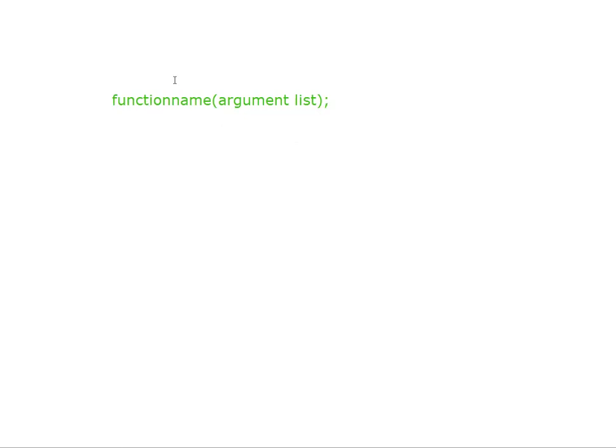For example, message(), this is an example of a function call, where the function name is message and the argument list is empty. If we don't want arguments, we leave it as an empty function.